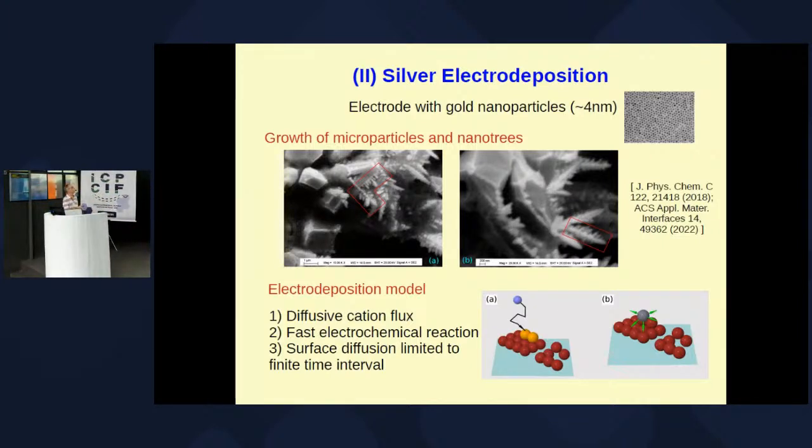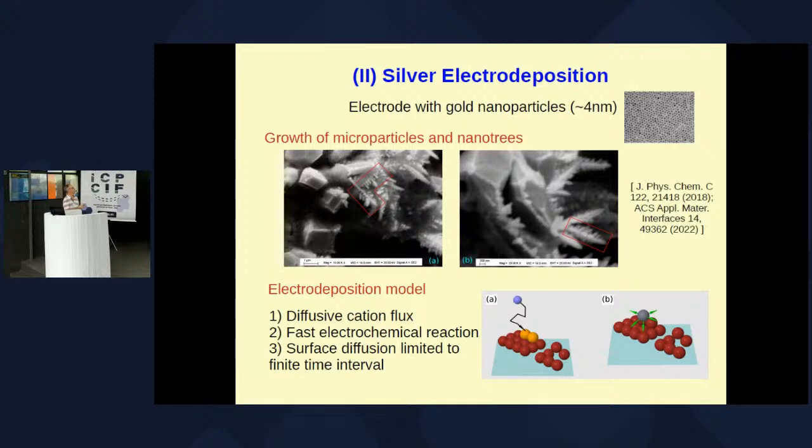Then, after roughly 1 hour of electrodeposition, what they observe with the microscopy is that some microparticles of silver were formed, these faceted particles, typically with a size of 1 micrometer.